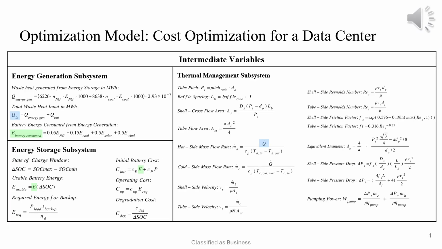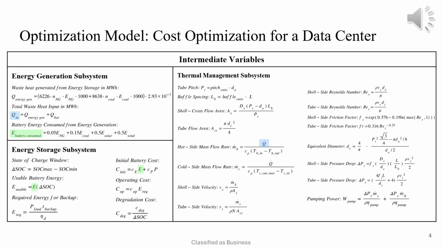The intermediate variables shown here are divided up by their respective subsystems, with the coupling variables being highlighted. The variables for energy generation pertain to the distribution makeup of energy generation sources, the waste heat from energy production, which links to the thermal management subsystem, and the extra energy production necessary to supply the battery system.